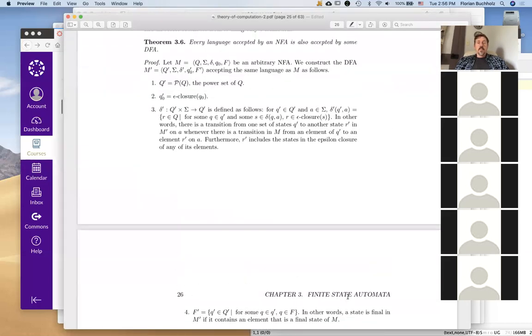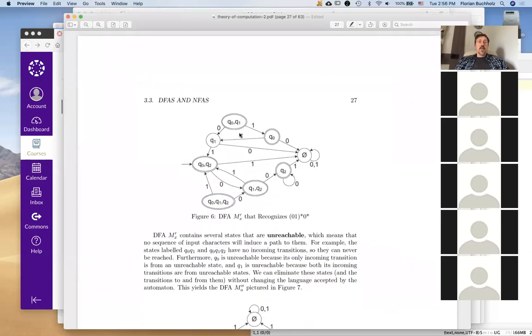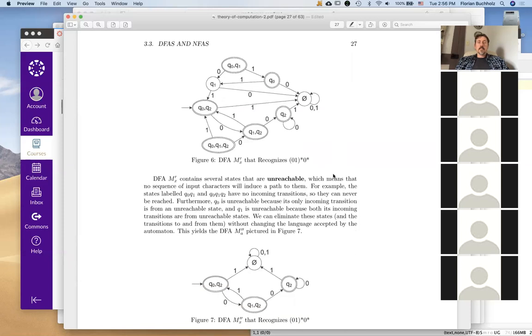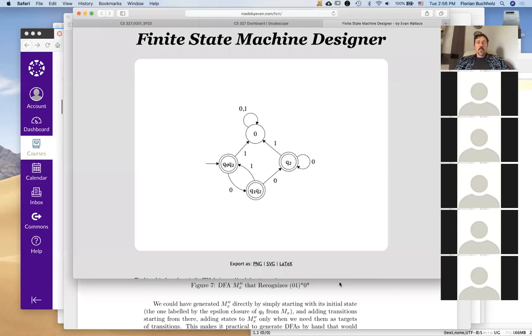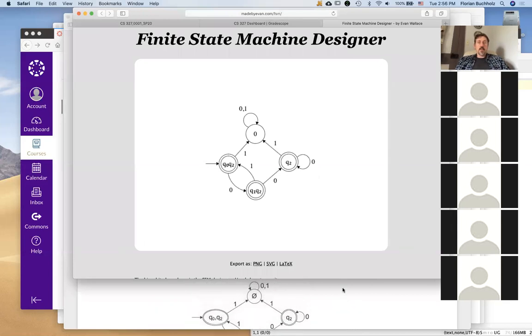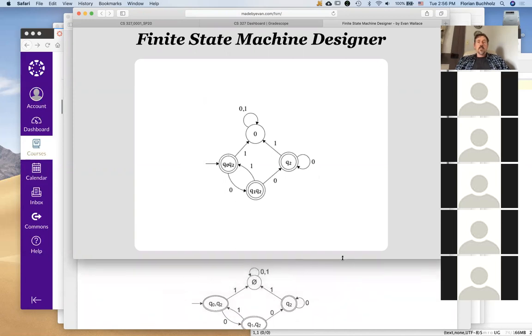So we didn't have to draw any of this unreachable stuff. And that should be, hopefully, again, exactly the same thing as before. Yes. All right, questions about this example?